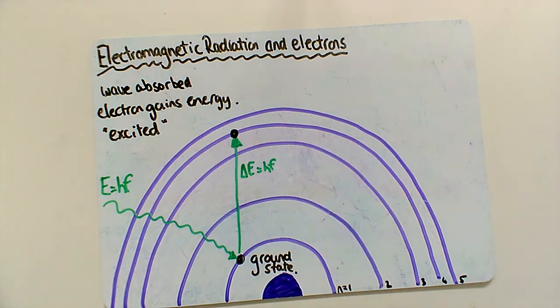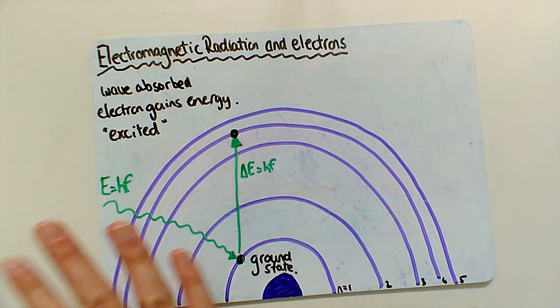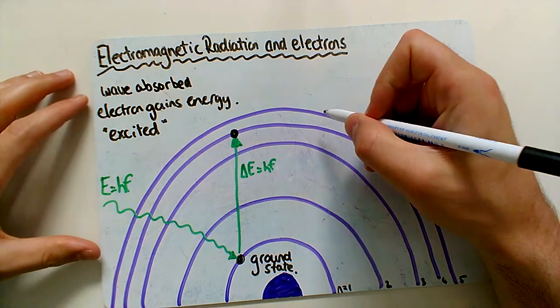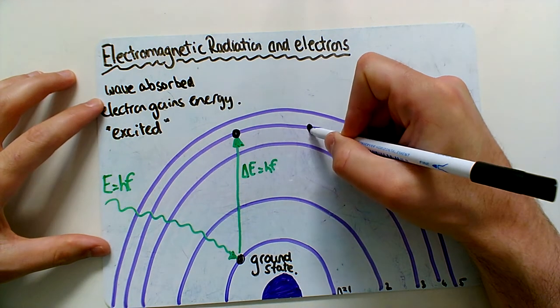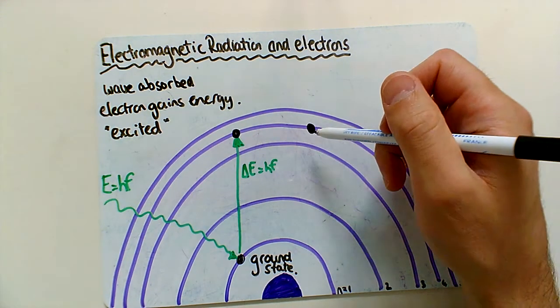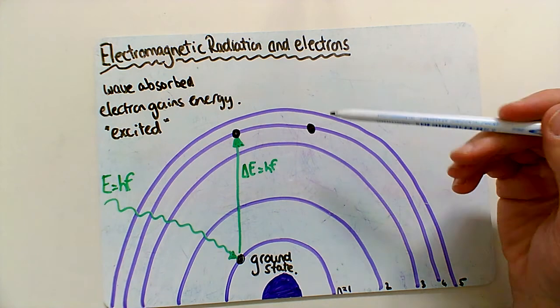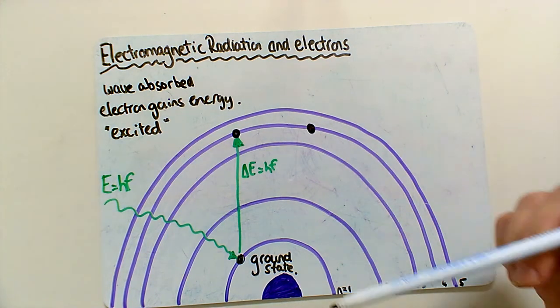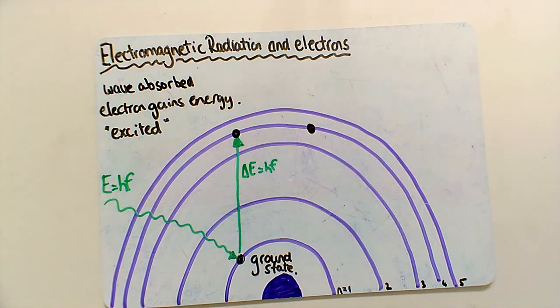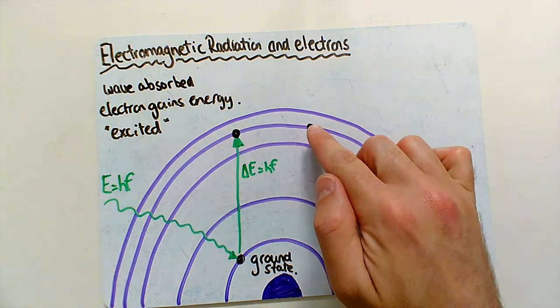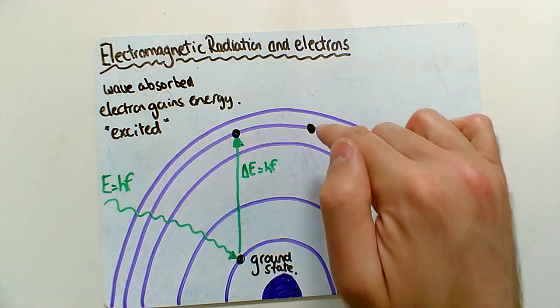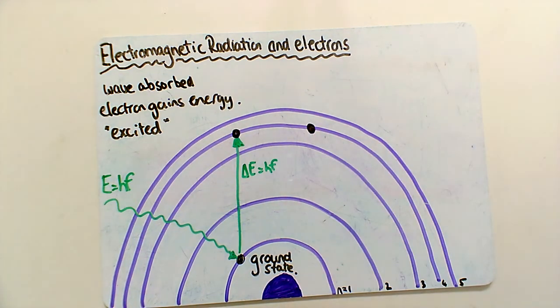If you turned off this light source and left the electron here, so we'll just draw it again here. If we've got the electron now still in n equals 4 here, and we leave it and it's got no energy, electrons are going to want to get close to the nucleus. It's negatively charged, the nucleus is positively charged.